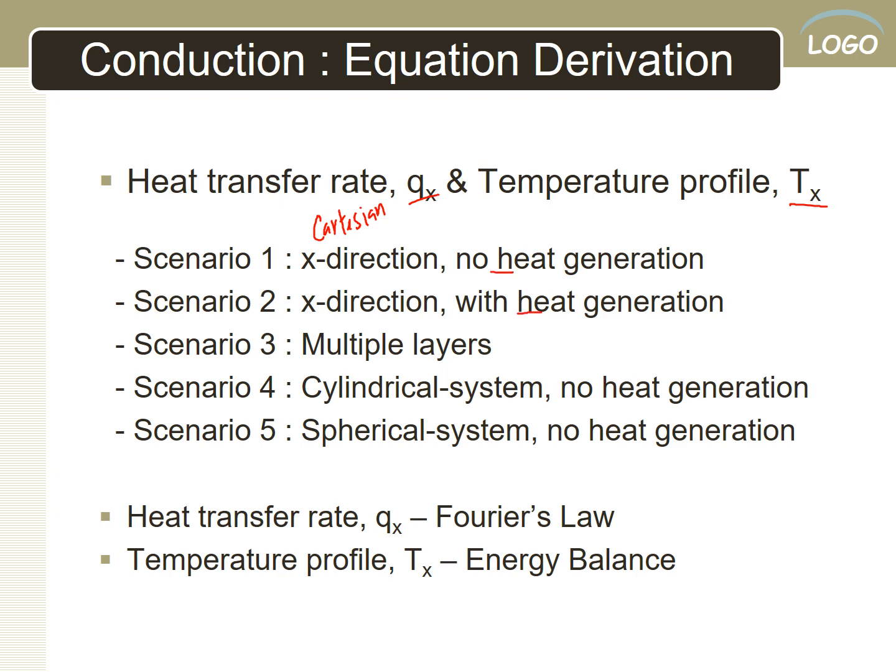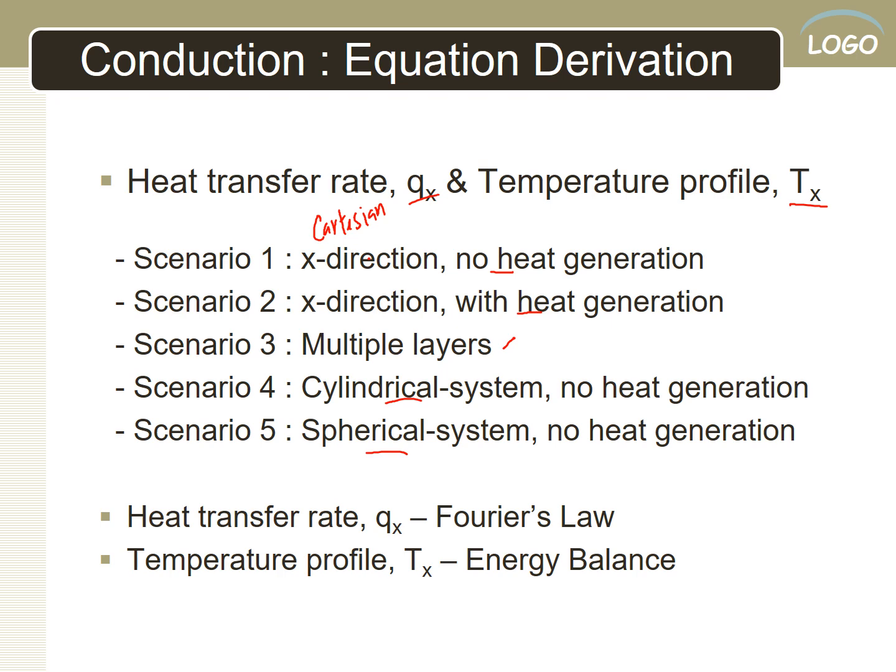Scenario number 3 is similar to 1, just that now instead of one layer, we have multiple layers. Scenario number 4 is no longer Cartesian system, but is for cylindrical system, and scenario number 5 is for spherical system.